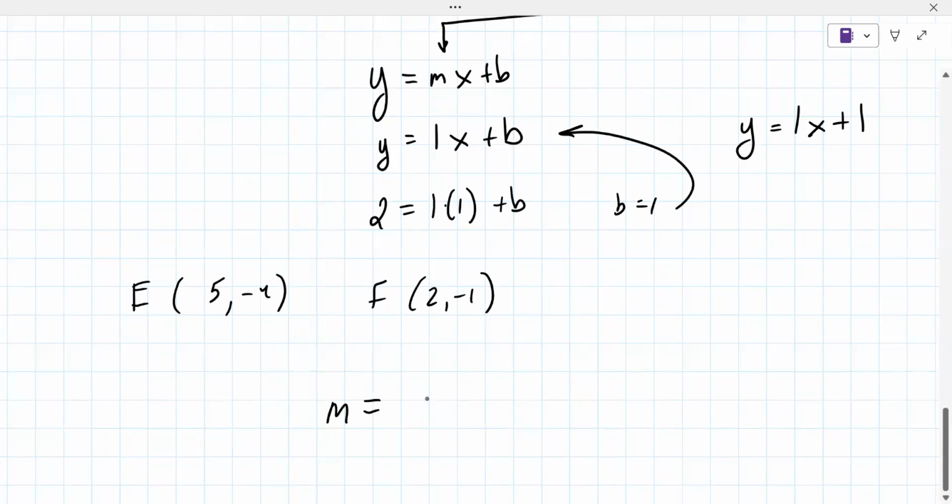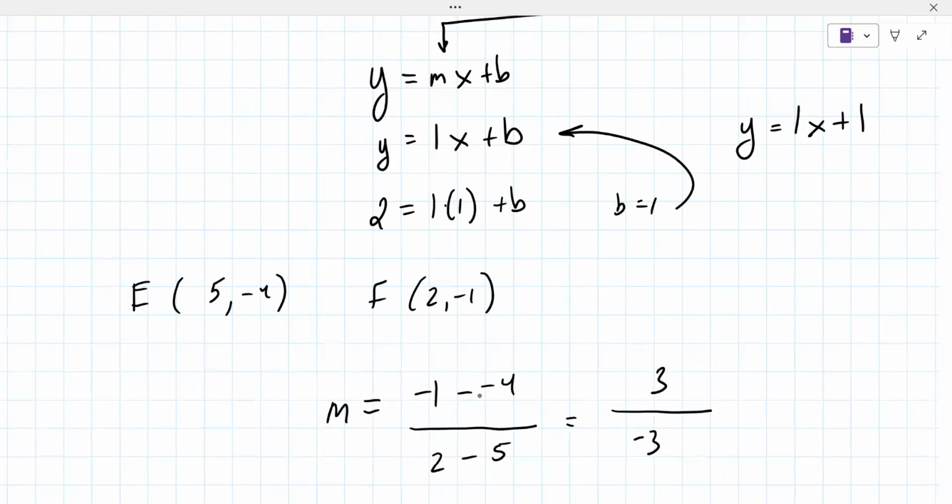Well, no, so it's -1 minus a -4, and then it's 2 minus 5. So the top one becomes 3, the bottom is -3.